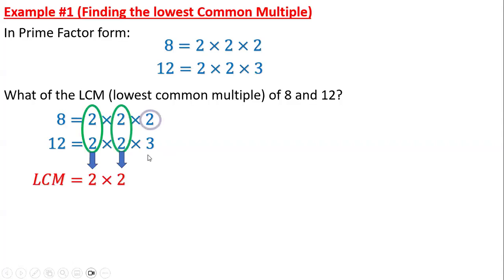We list the prime factorization again. Then we group the 2's. But with the 2 and 3, do we include them this time around? Yes, we do, because we're doing the LCM now. So with the LCM, we do include the 2 and the 3.